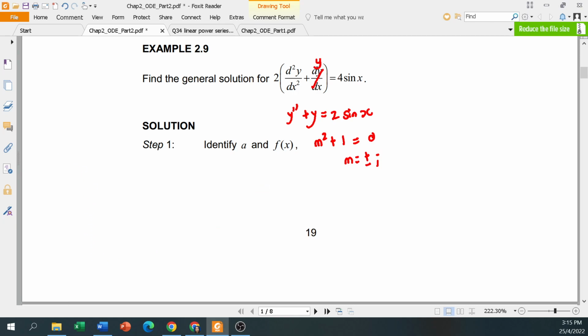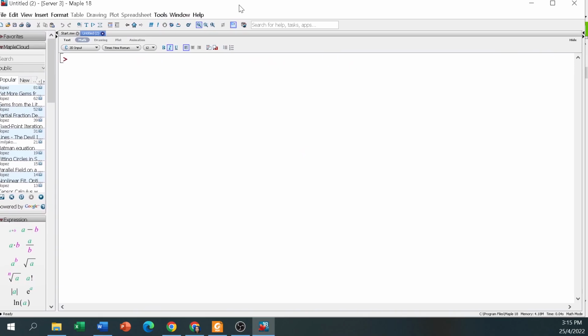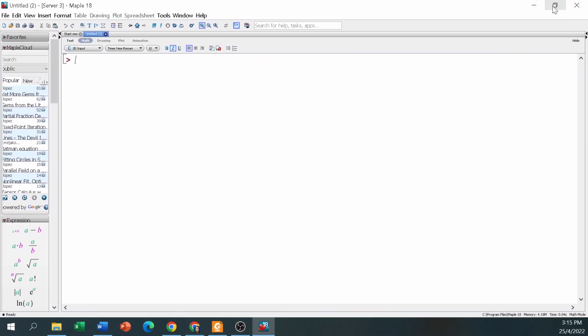You may check the solution using Maple. Is anyone having difficulty downloading Maple? If you cannot, just go to the online tools and use them to solve the ODE.